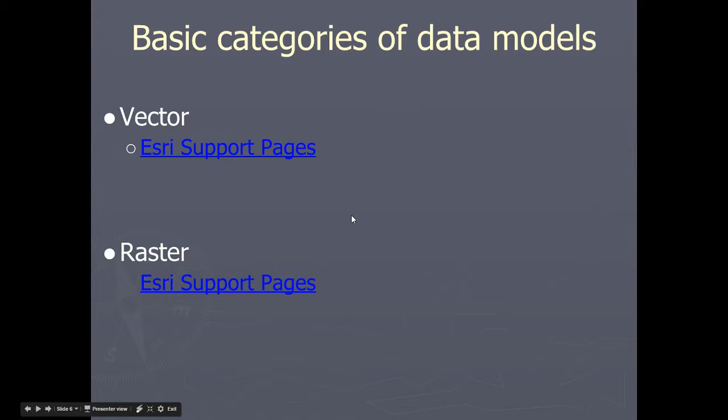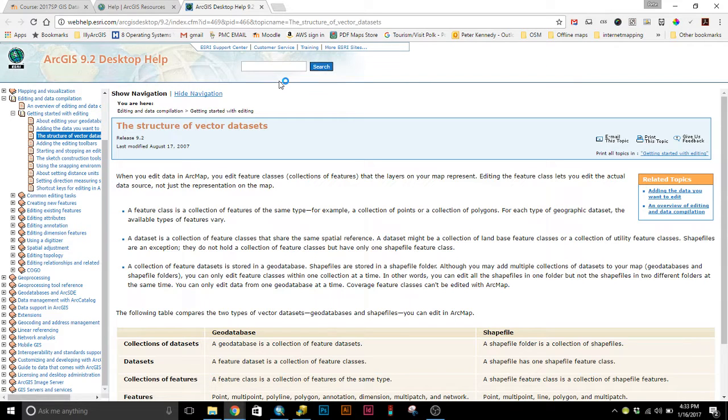We talked a little bit about the basic categories of data models, vector versus raster. I'm going to ask that you refer back to these support pages to refresh yourself on some of the basics of vector versus raster data.